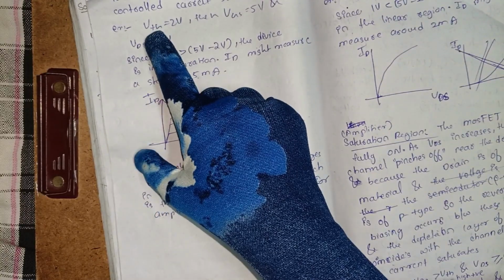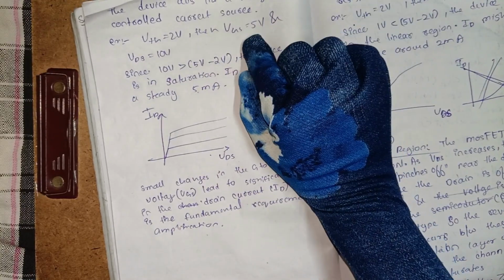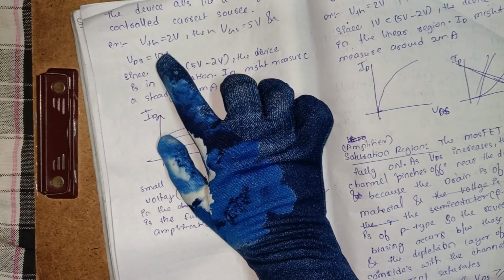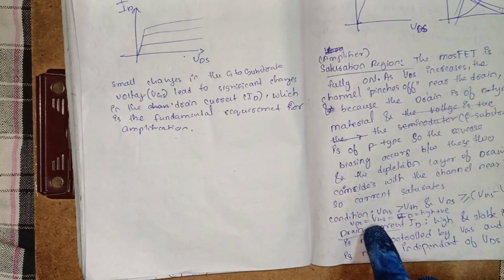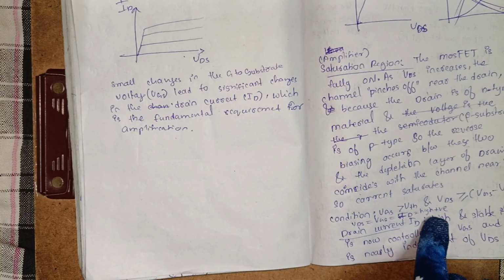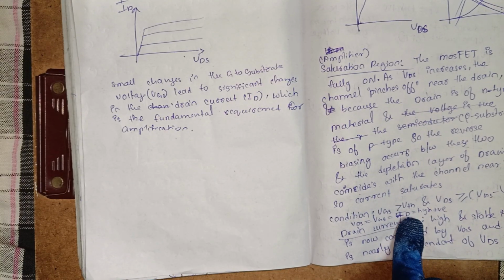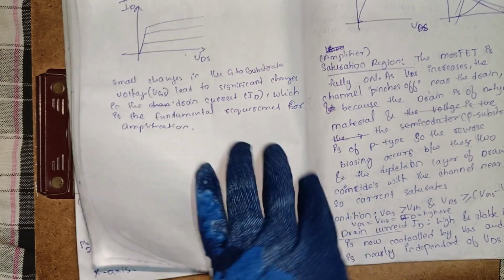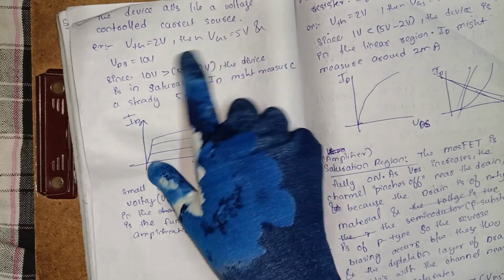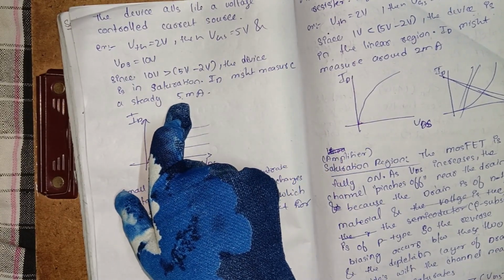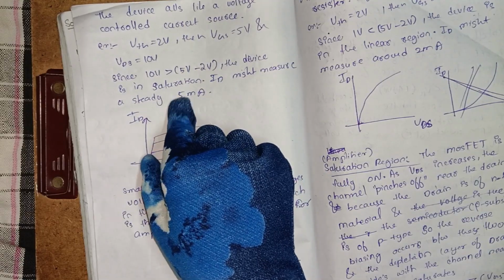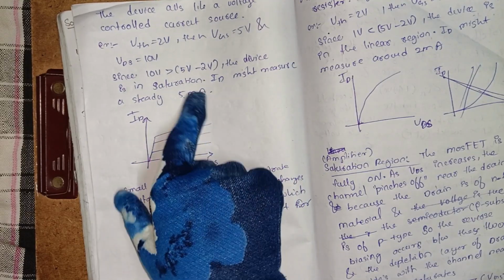Then the example: VTH is 2 volts, VGS is 5 volts and VDS is 10 volts. These three should be high positive, as I said: VDS, VGS and ID are all high, 5, 10 and 5 microamperes.